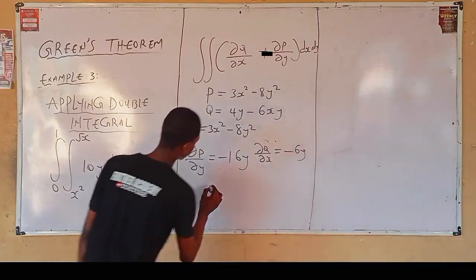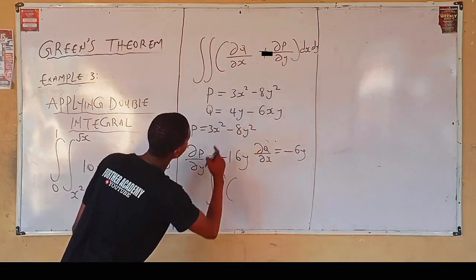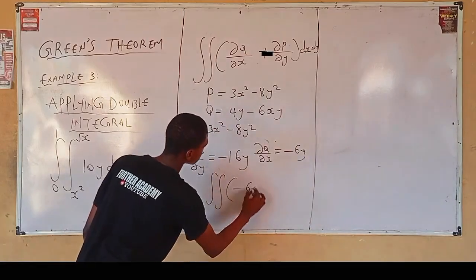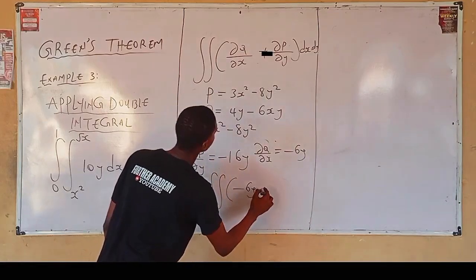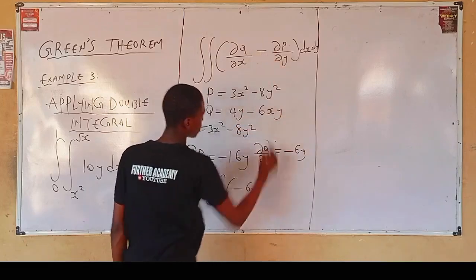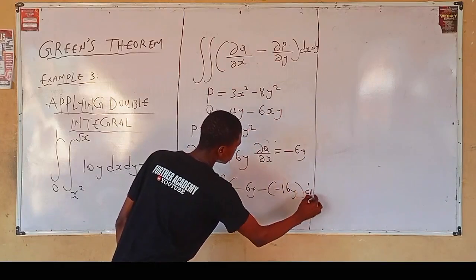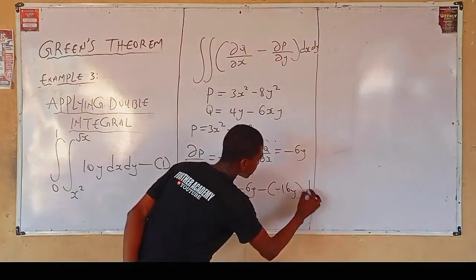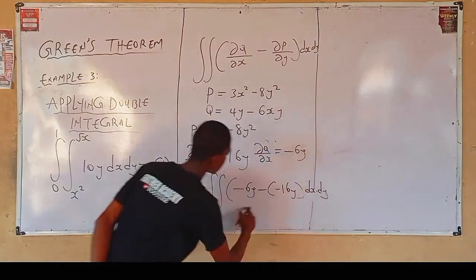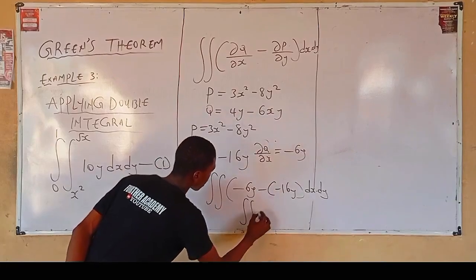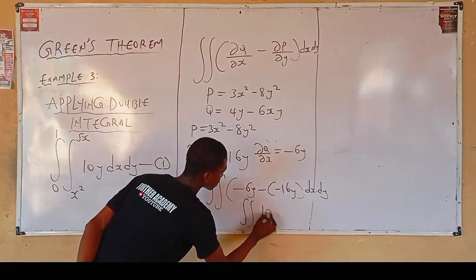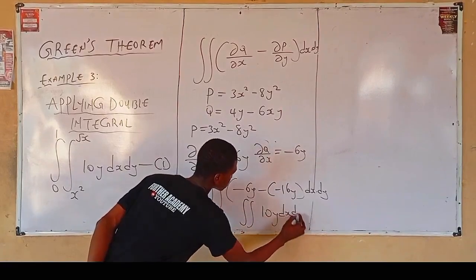We then have the double integral of negative 6y minus, in bracket, negative 16y, dx dy. This will give you double integral 10y dx dy.